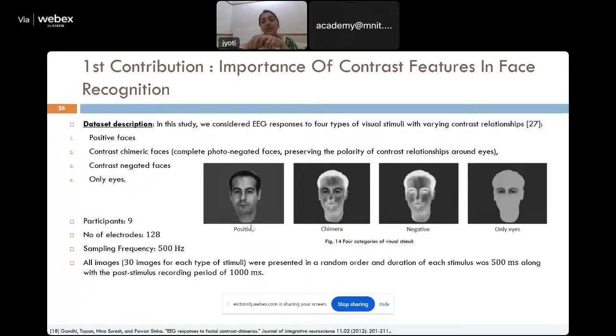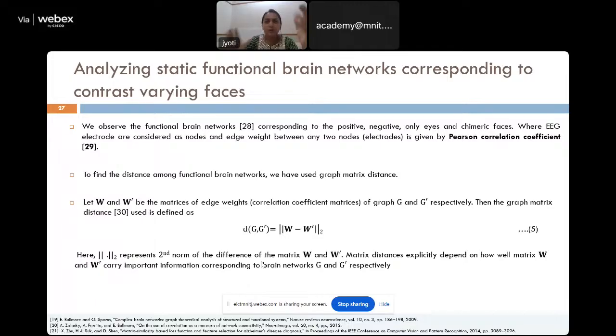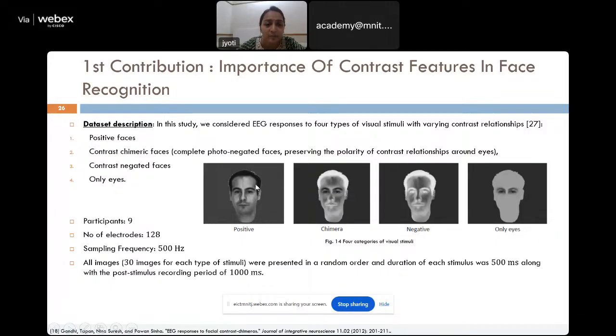For that average data, we formed the functional connectivity matrix using the Pearson correlation coefficient matrix. In all 4 cases, case 1, case 2, case 3, case 4, we formed functional connectivity matrices using the correlation coefficient matrix. So now I have a total of 4 matrices for positive phase, chimeric phase, negative phase, and only eyes.